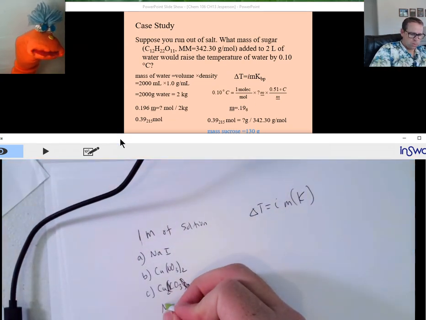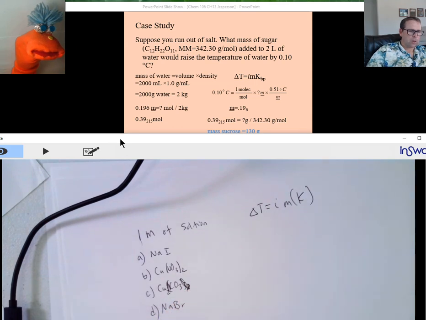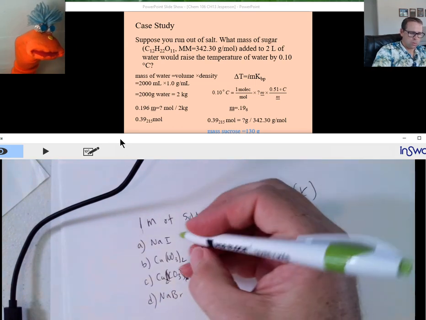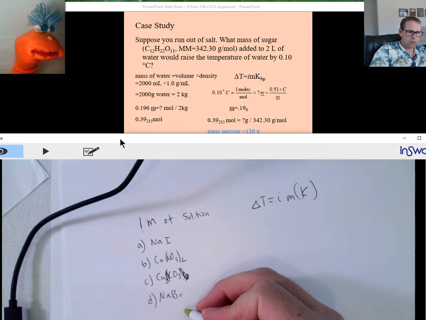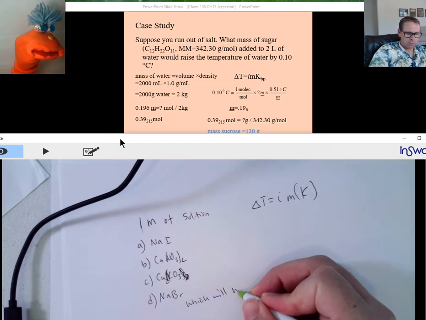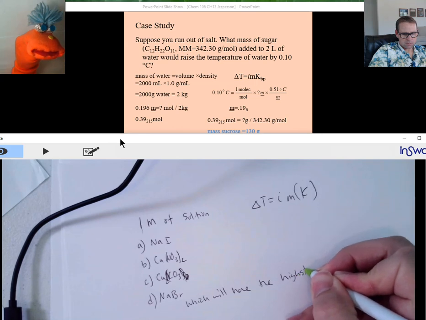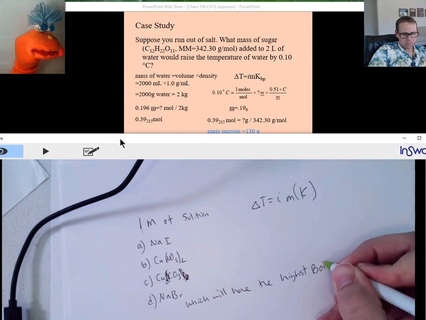Or sodium bromide. Okay? 1 molal solution of each of these, which will have the highest boiling point?